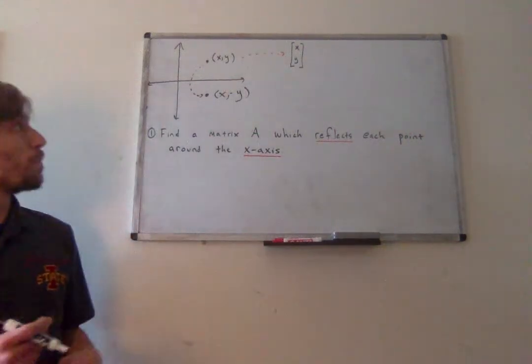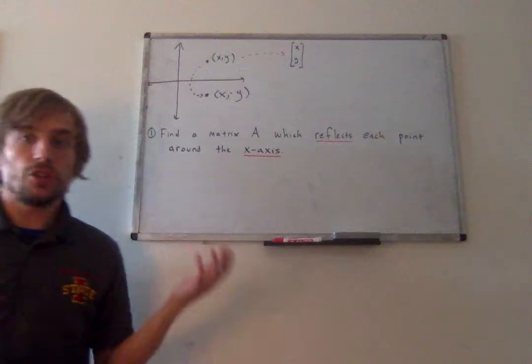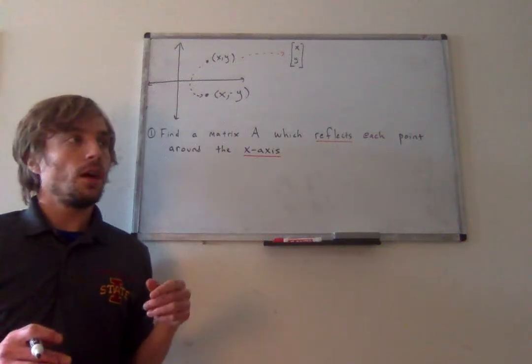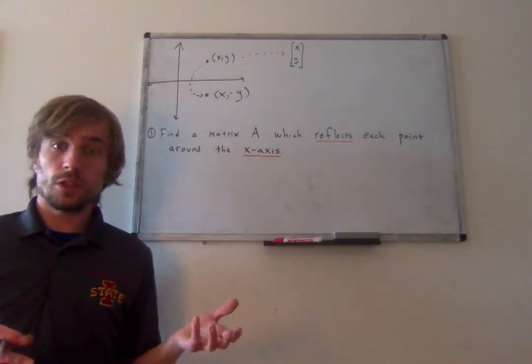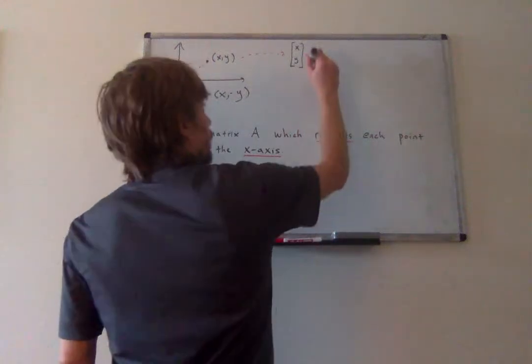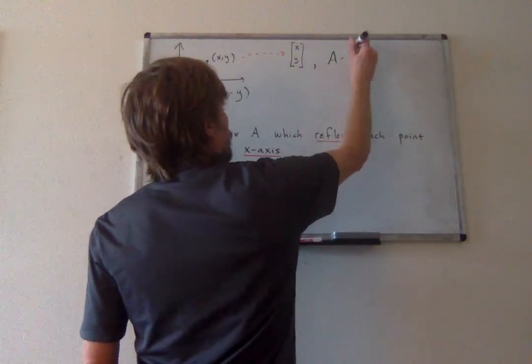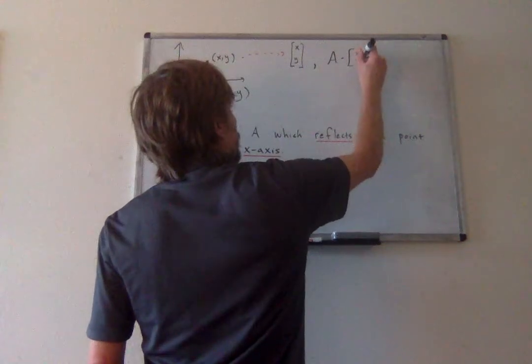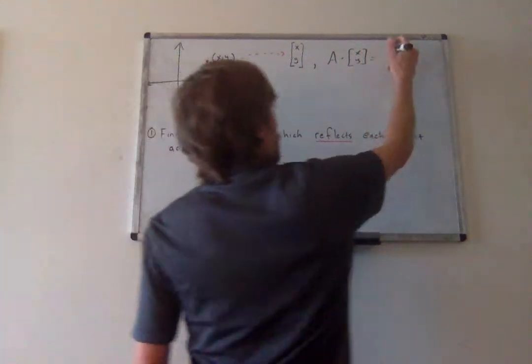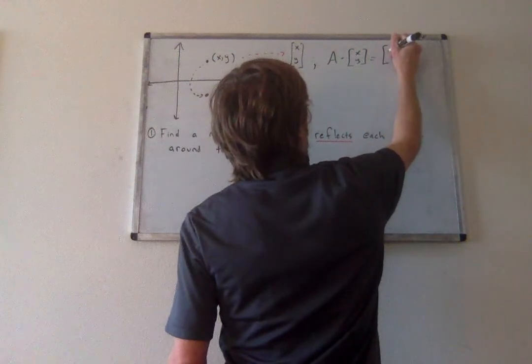Right? And so because this is a linear transformation, there should be a matrix A such that if I multiply it by the vector (x, y), it gives me the point (x, negative y).